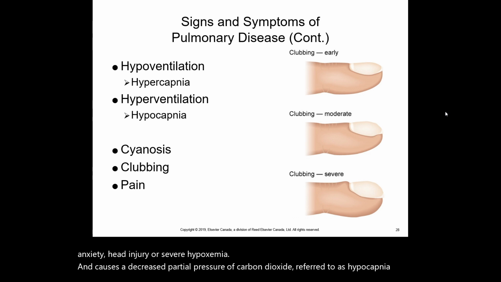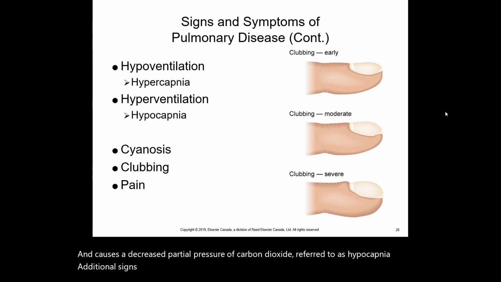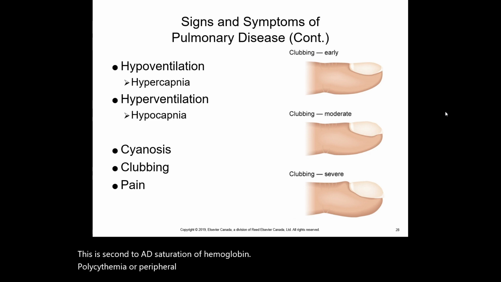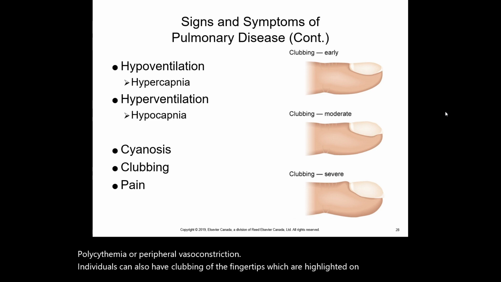Additional signs include cyanosis, which is a bluish discoloration of the skin. This is secondary to a desaturation of hemoglobin, polycythemia, or peripheral vasoconstriction. Individuals can also have clubbing of the fingertips, which are highlighted on the diagram to the right of your screen.